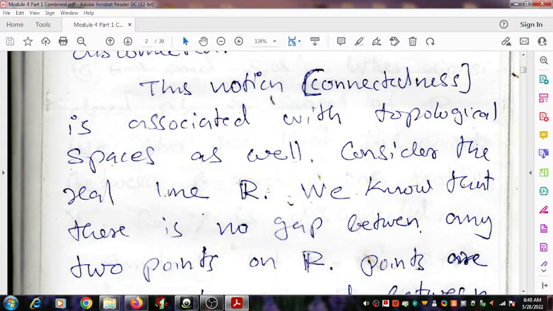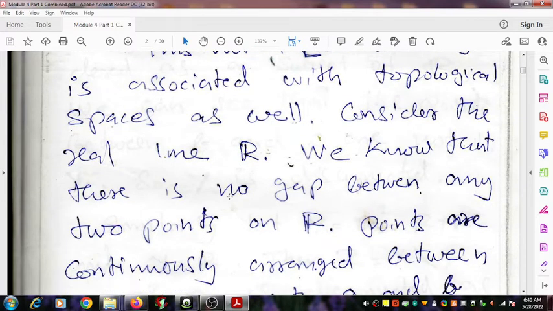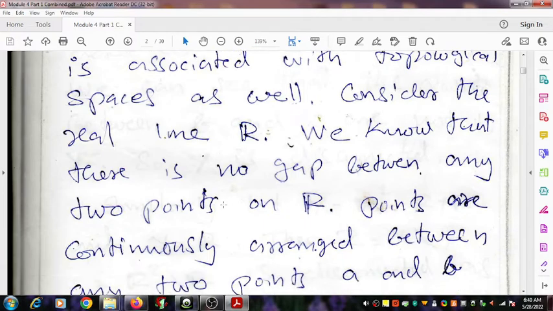It's a topological space, and we know that there is no gap between any two points on R. Points are packed continuously and arranged on the real line. No points are missing from the real line.